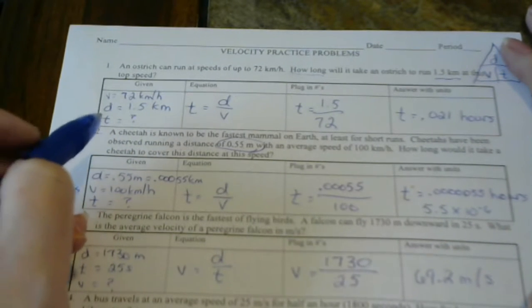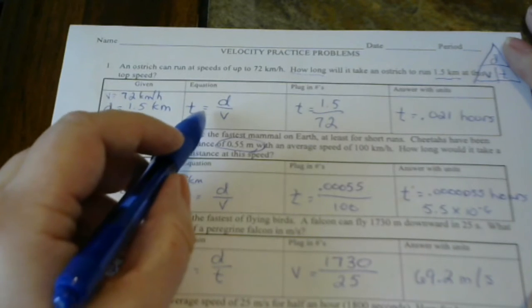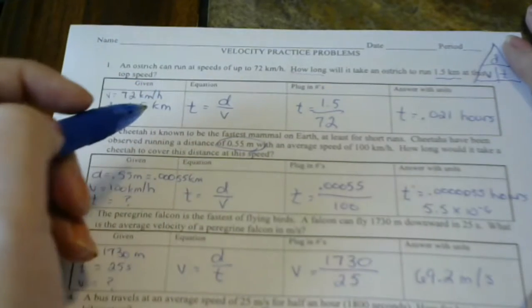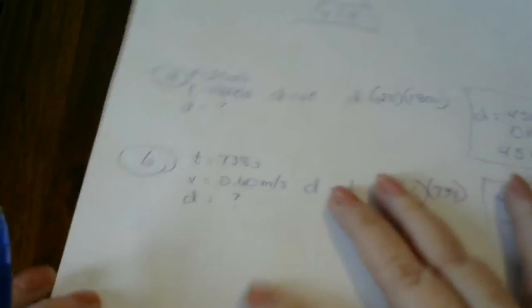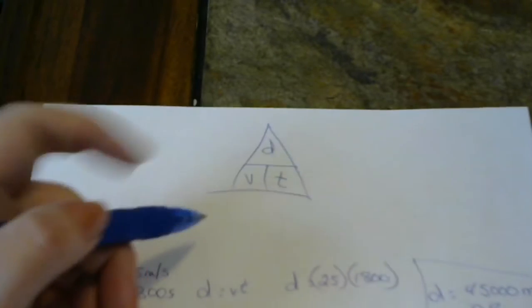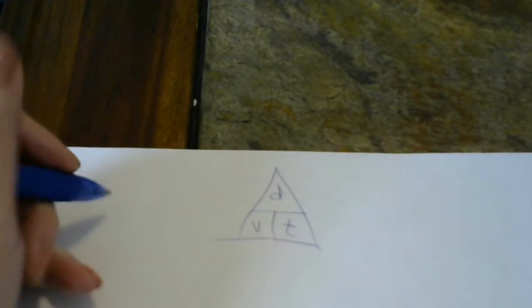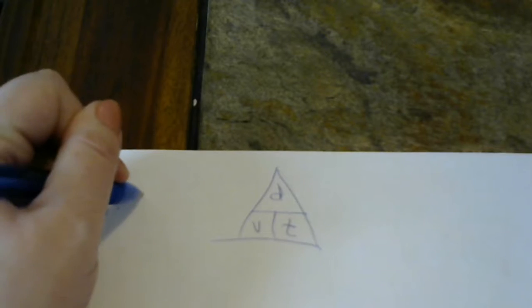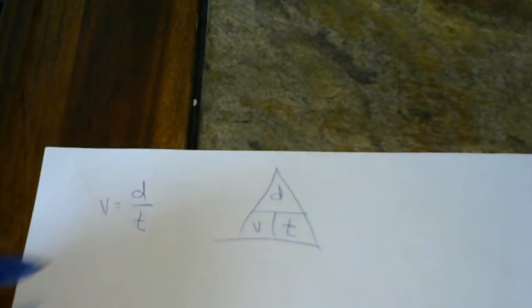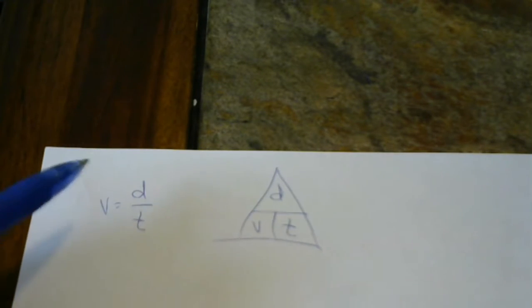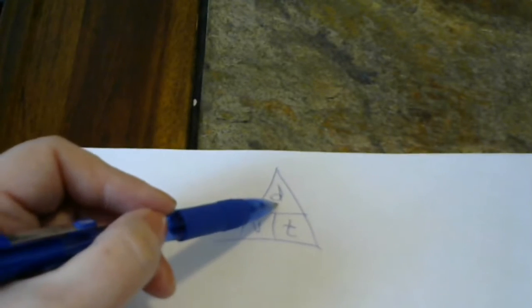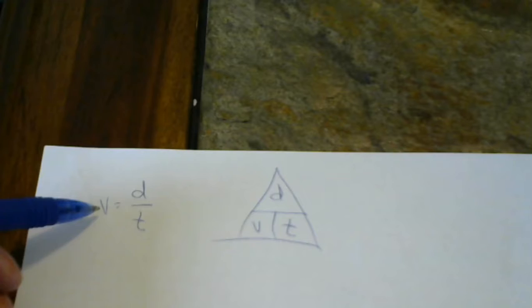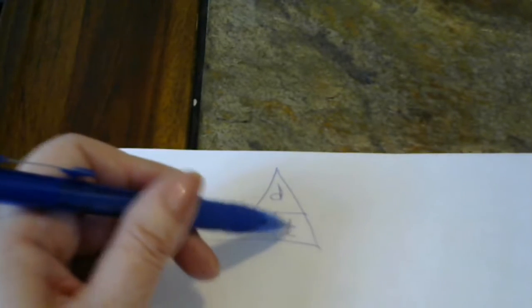So what you're doing here is trying to find time, and we talked about the triangle. On the back, you've got your triangle where V equals D over T. The way you build your triangle is D is the top of the fraction, so it goes up here, and V and T go down here.